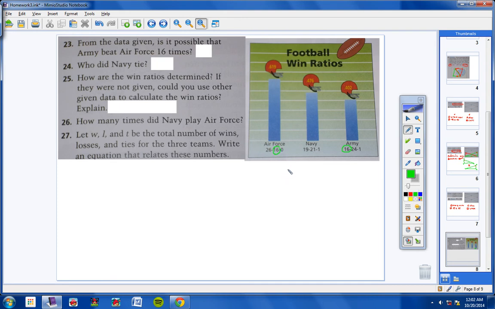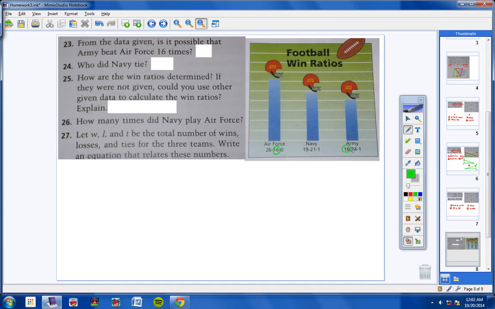Now, let's see. And then would it be possible for the Army to have 24 losses? Yes, because the Air Force has 26 wins. So yes, it is definitely possible that Army beat Air Force 16 times, okay?